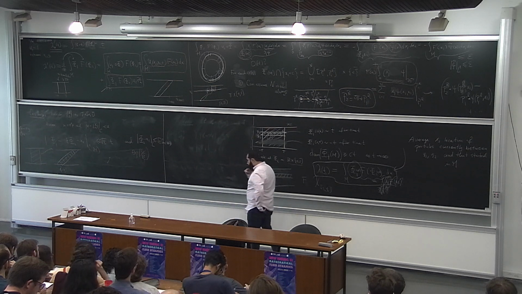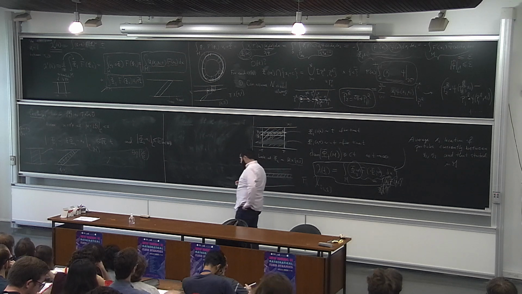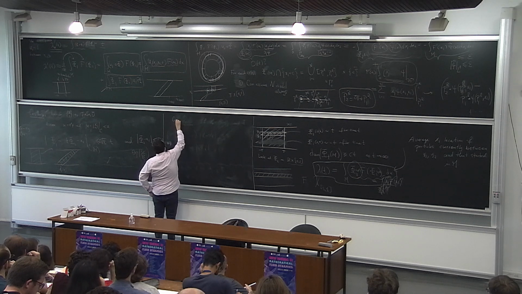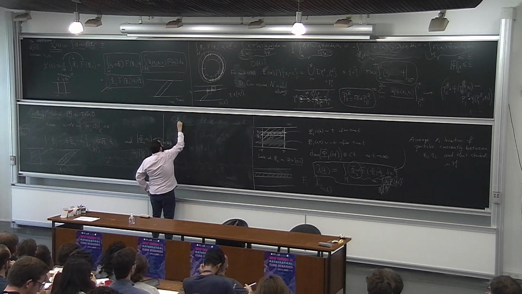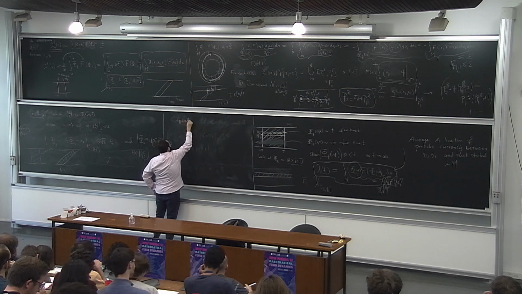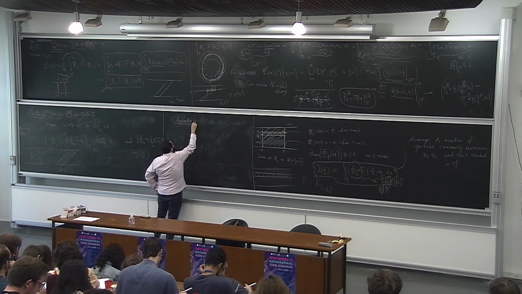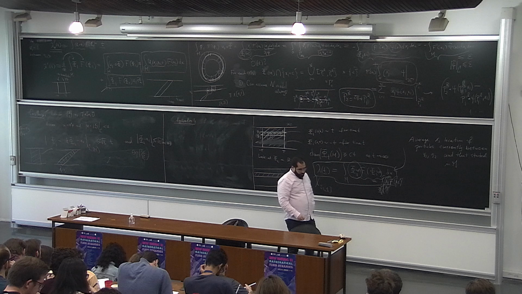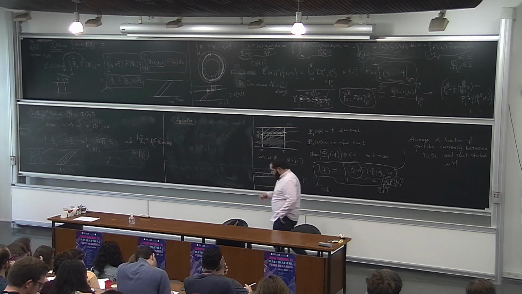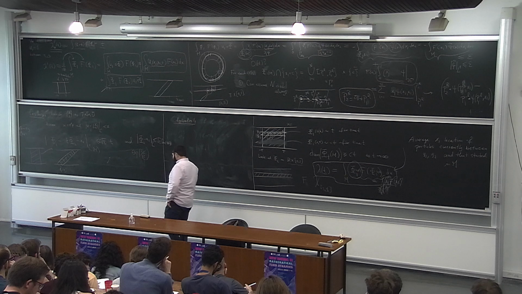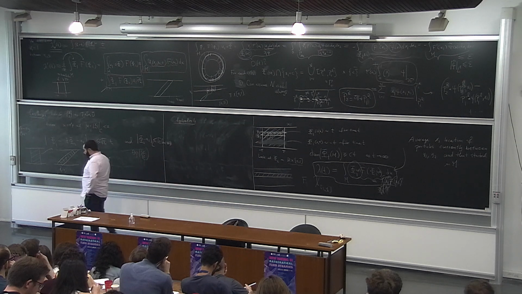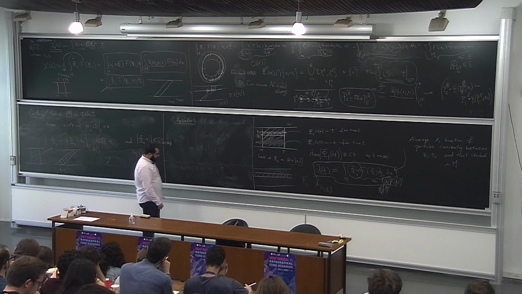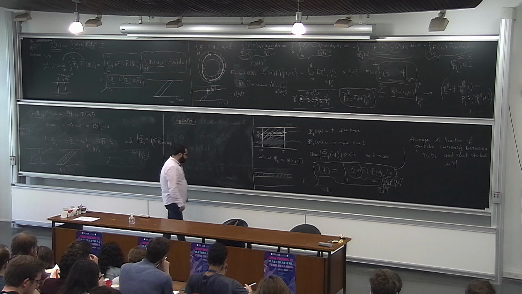Let me give some examples now, some corollaries. As I mentioned yesterday, one of the small drawbacks of the Nadirashvili point of view is that you really have to use the boundary, and there's no way out of that.